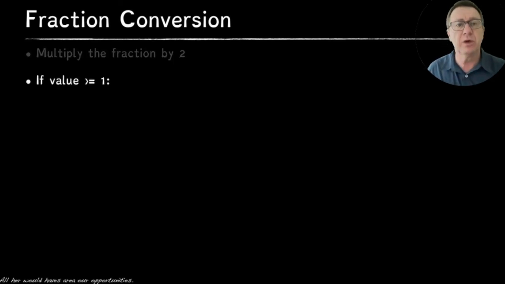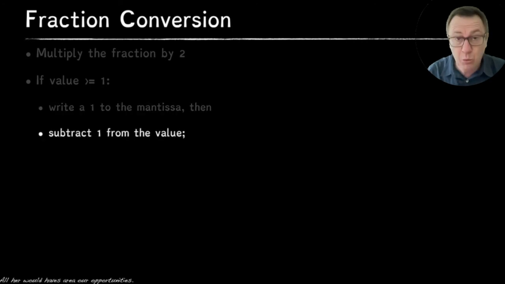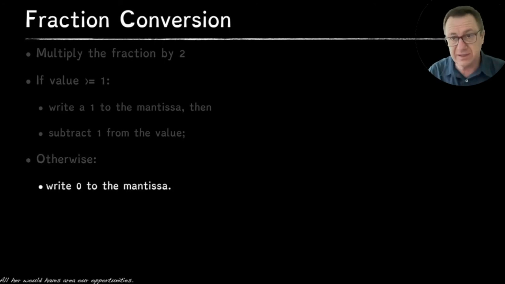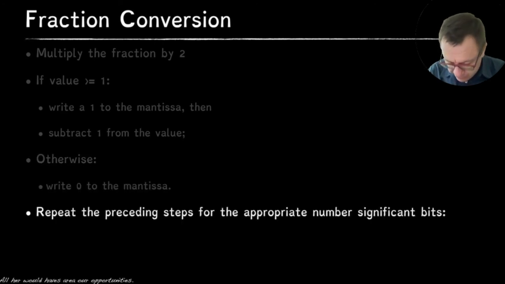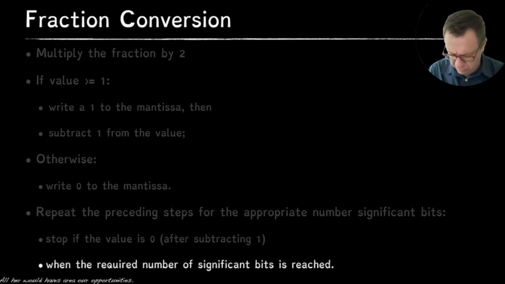If our value, when we do that, is greater than or equal to 1, we write a 1 to the mantissa, then we subtract 1 from the value. Otherwise, we write 0 to the mantissa and repeat the preceding steps for the appropriate number of significant bits. We stop if the value is 0 after subtracting 1, or when the required number of significant bits is reached.